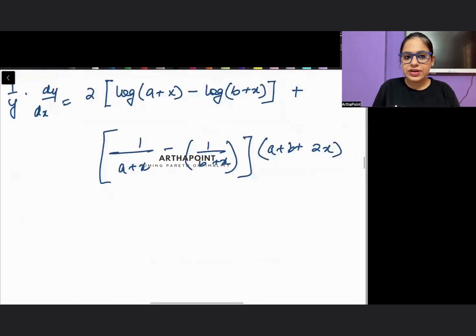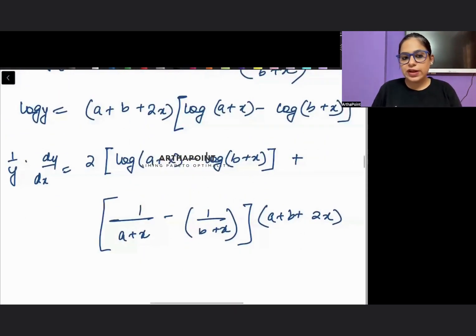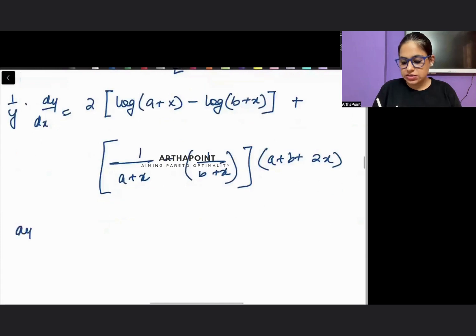Now we need to evaluate dy by dx at x equal to 0. When I find dy by dx, there will be this y component that you will be seeing here, right?